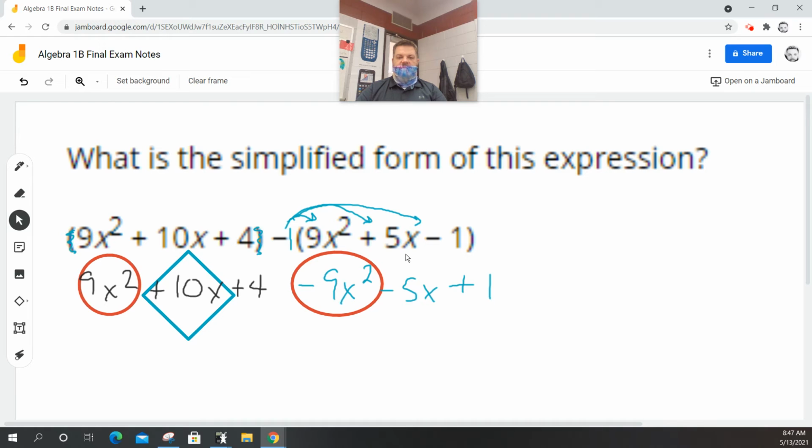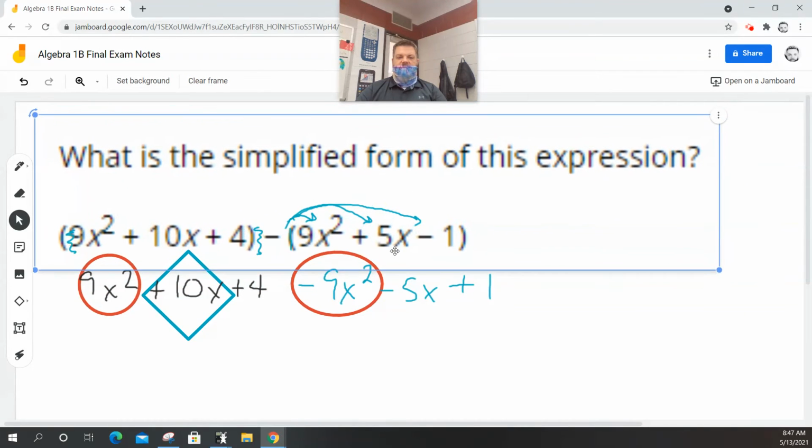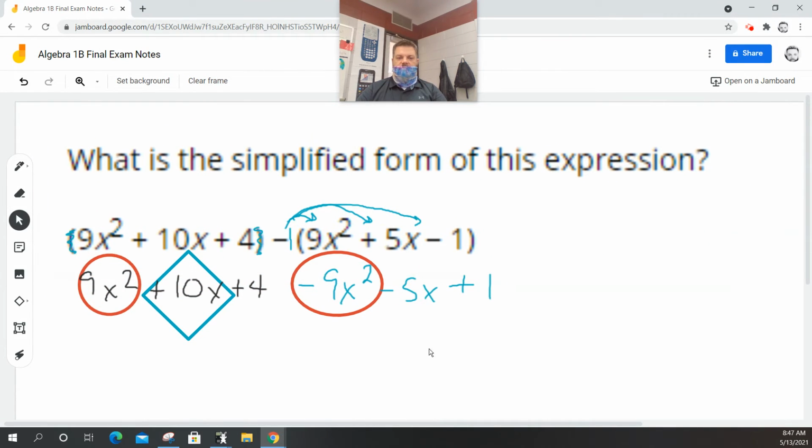And then I've got this negative, I've got x to the first power here, right?